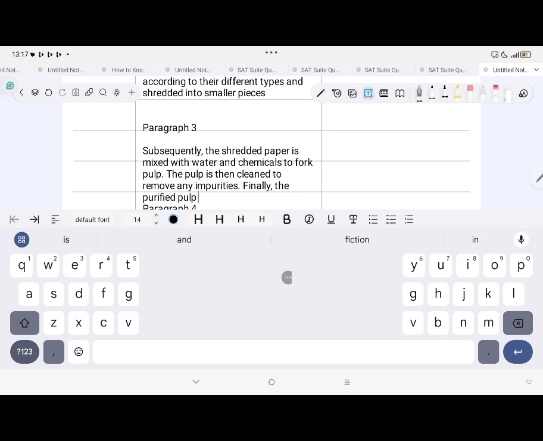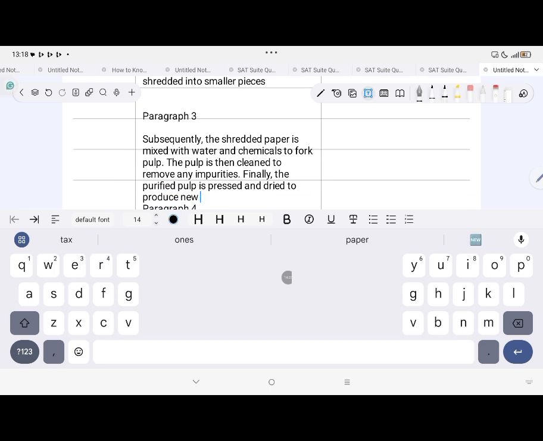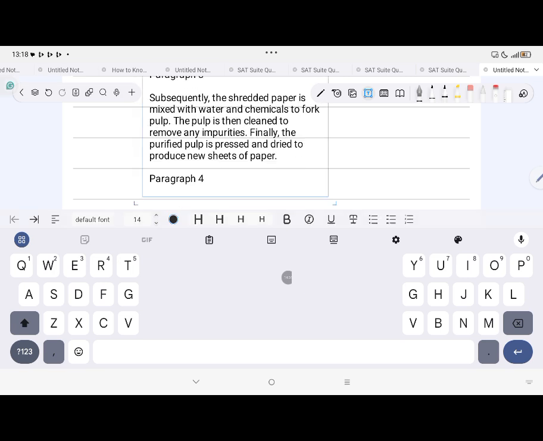Are you seeing the way it is linked? I talked about pulp, then I now proceeded to start with pulp again. Finally, the purified pulp is pressed and dried to produce new sheets of paper. So I recommend ending with an overview.